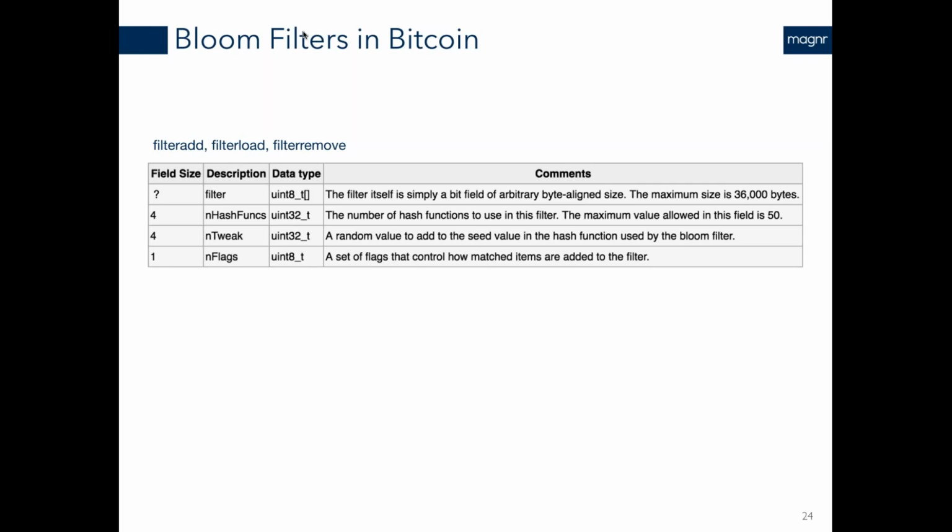So really, the combination of Merkle trees and Bloom filters allows Bitcoin peers to reduce the amount of network traffic they send and the amount of information they transmit, and it allows SPV clients to only hold the amount of data that is relevant to them, so typically your own transactions.